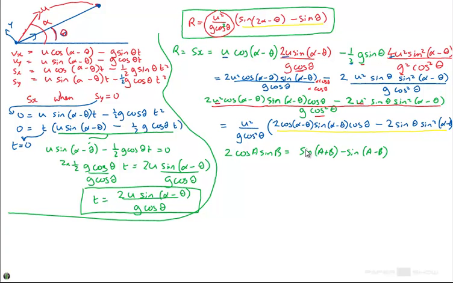Also, we'll be using that 2 sine A sine B is equal to cos A minus B minus cos A plus B.